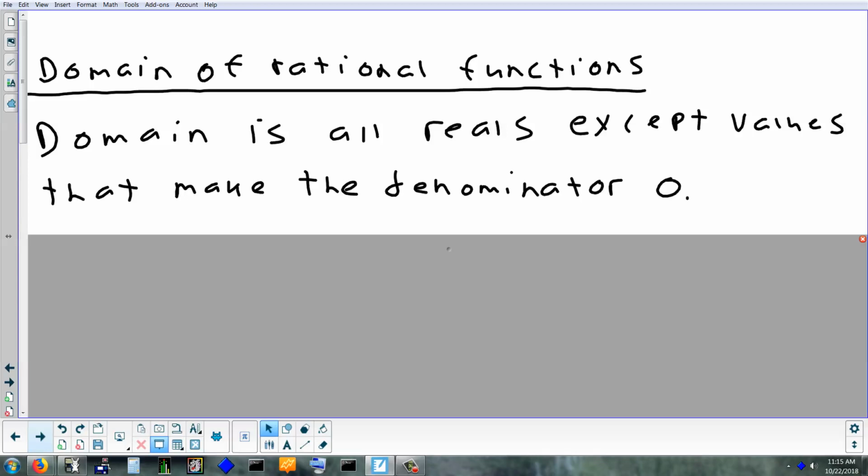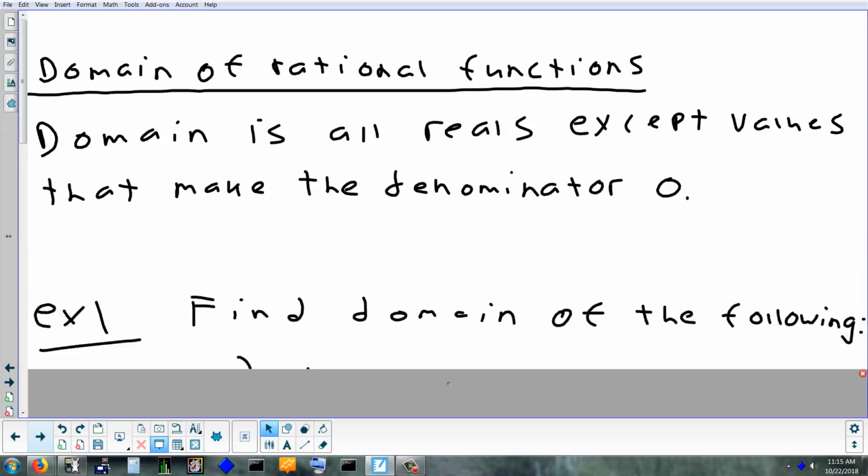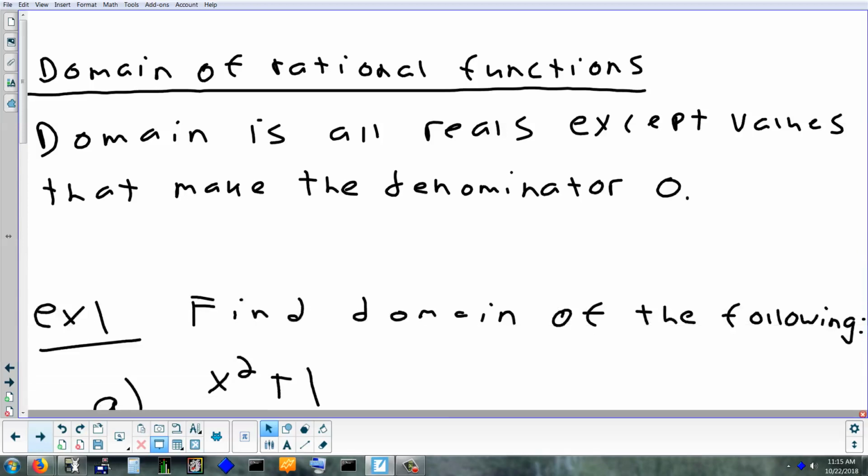What I usually do is set the denominator equal to 0, and then find the number that would cause the bottom to be 0. Then I say the domain is everything except that number, or numbers. It can be more than one. So let's look at an example and see if we can find the domain.